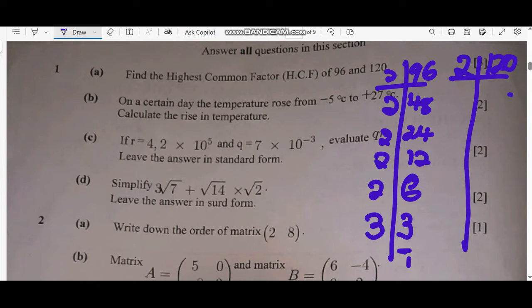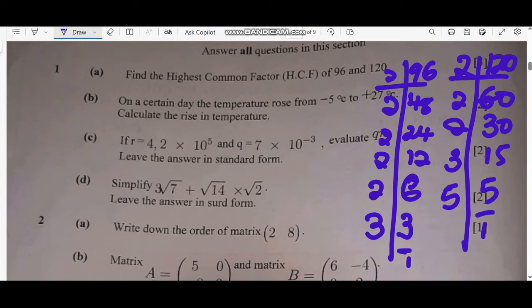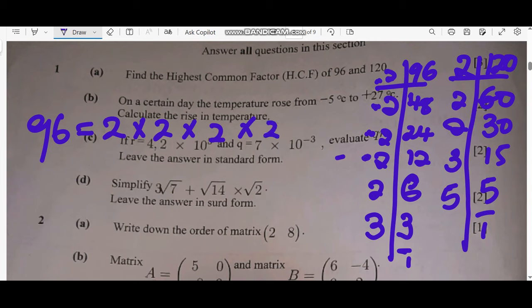By 2 we are going to obtain 60. By 2 30. By 2 15. By 3 5. By 5 then we get 1. Now 1 is where we stop. So what it means here is that 96 is equal to 2 times 2 times these 2 here times these 2 here times 2 then times 3.